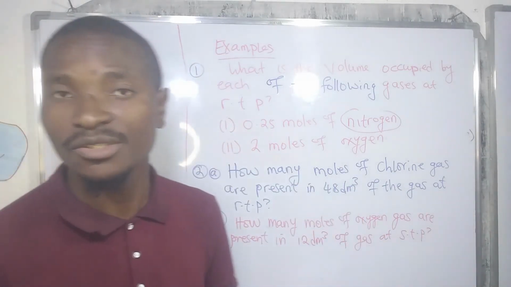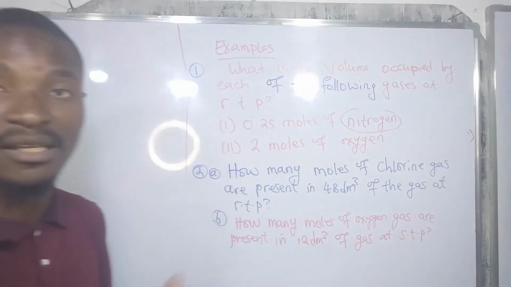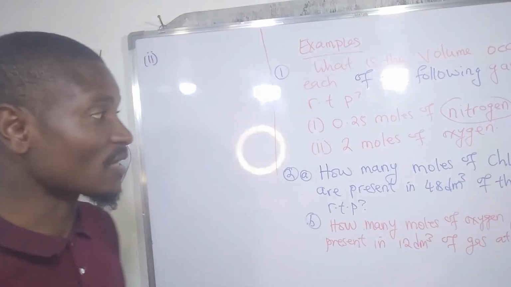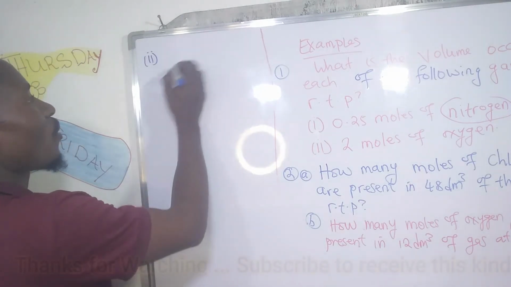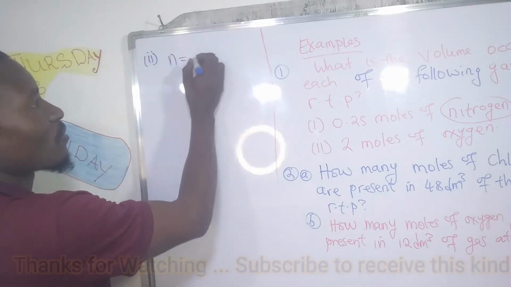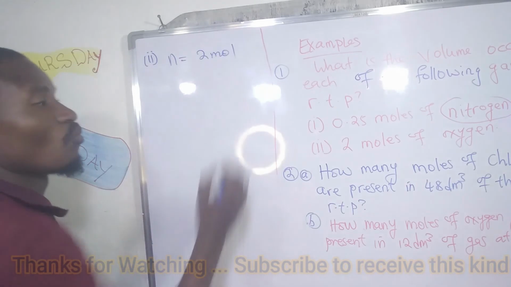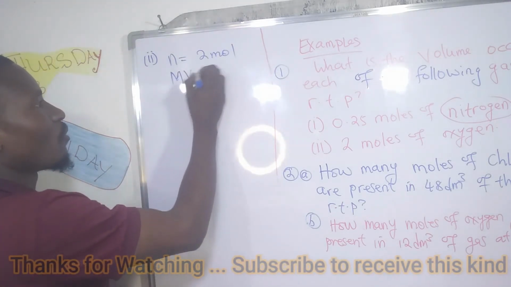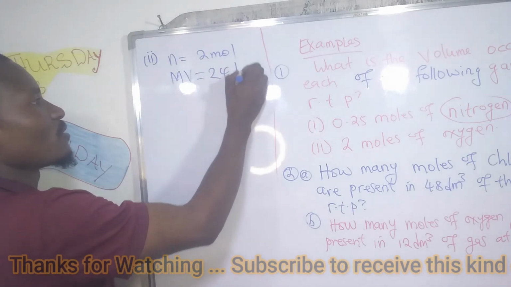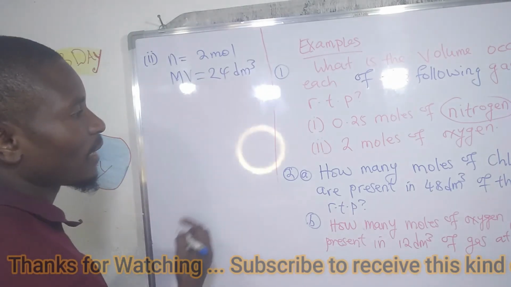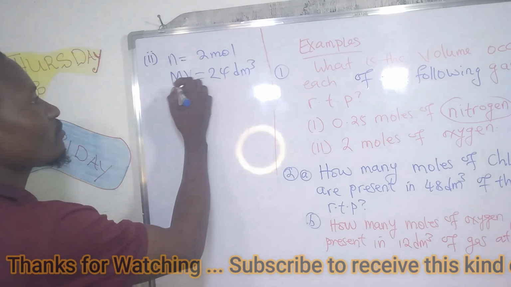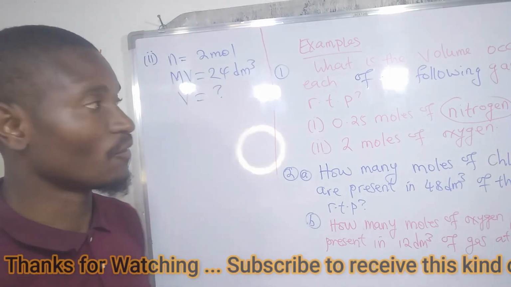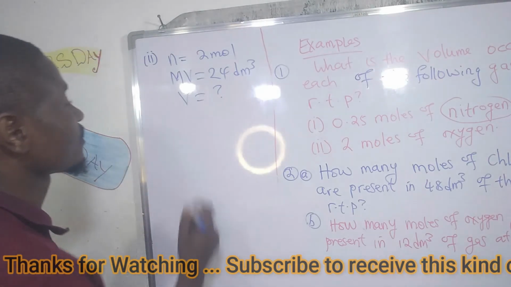So the number of moles is 2 mole, the molar volume is still 24 cubic decimeter, and the volume equals question mark. We are looking for the volume.